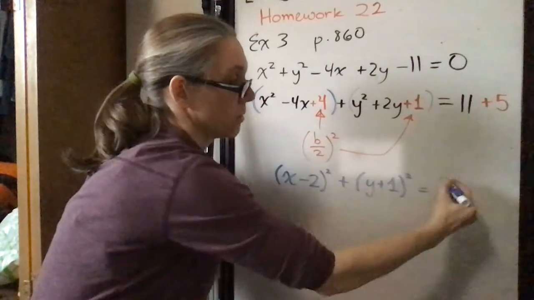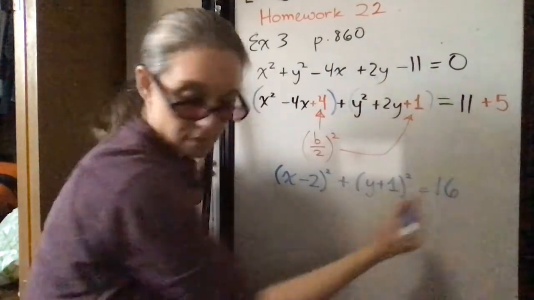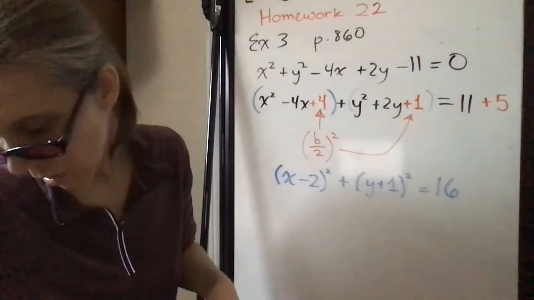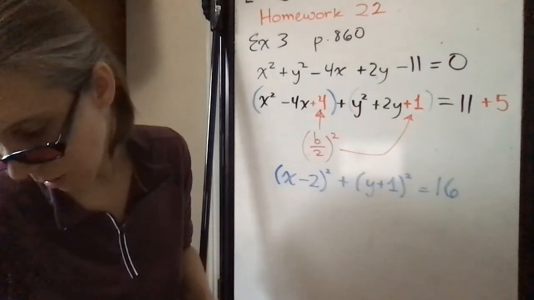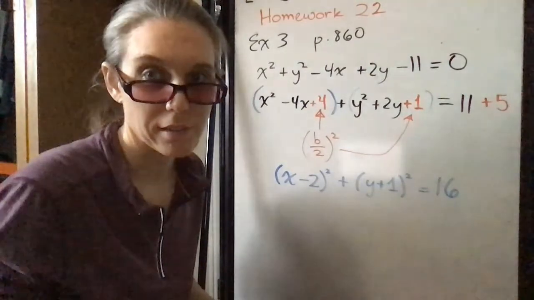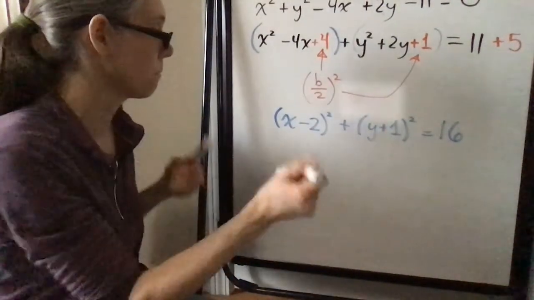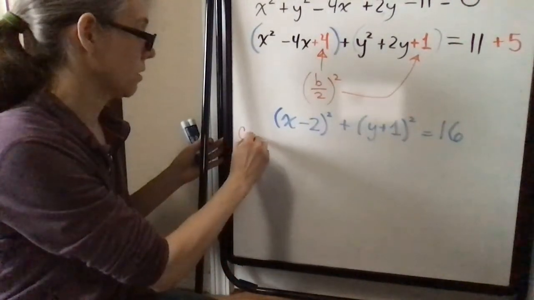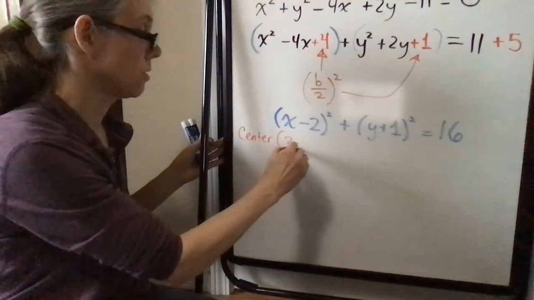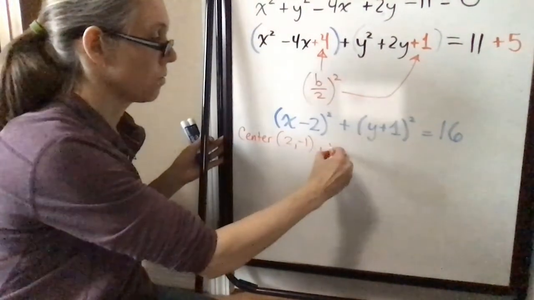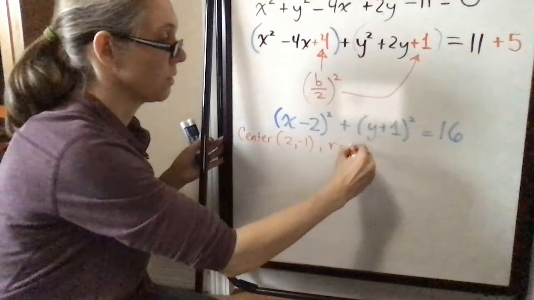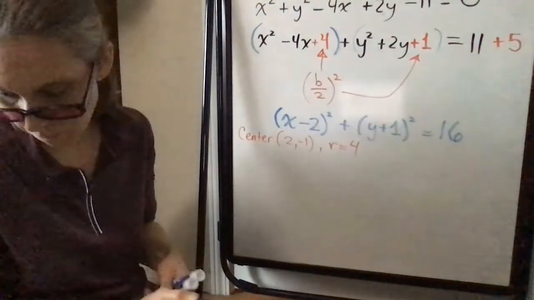And then 11 plus 5 is 16. And so we're supposed to now graph it. In order to graph this, we have to identify that the center is, of course, then at 2, negative 1. And the radius is the square root of 16, which is 4.